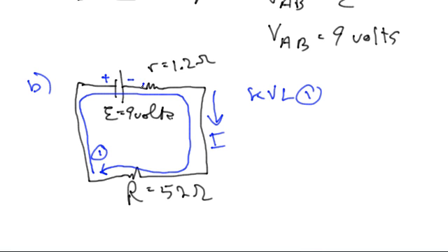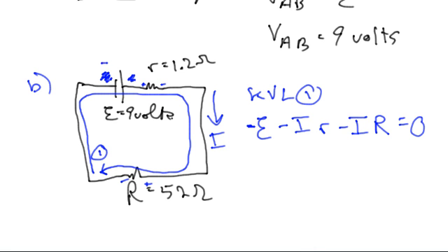So this becomes plus minus, current into the high side, out the low side, plus minus. And I got minus E, and then minus I times little r, and then a minus I times big R is equal to 0. And I mislabeled script E, so the short side is the negative, so that's a plus.